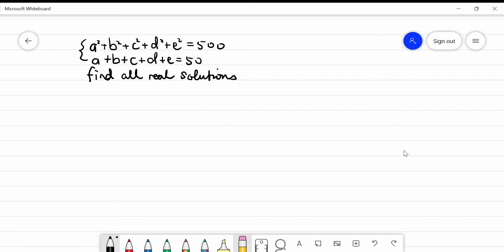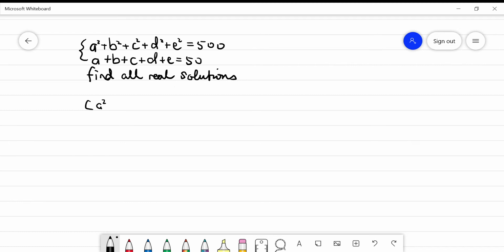When you look at the problem, you instinctively want to manipulate these two simultaneous equations somehow, and many of you may try to square the second equation.